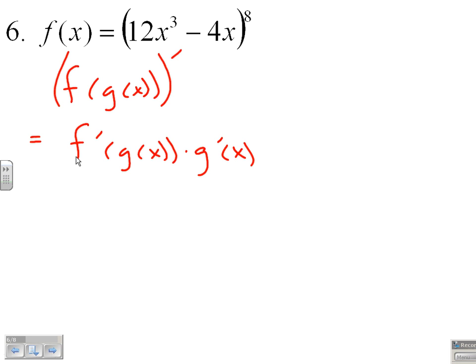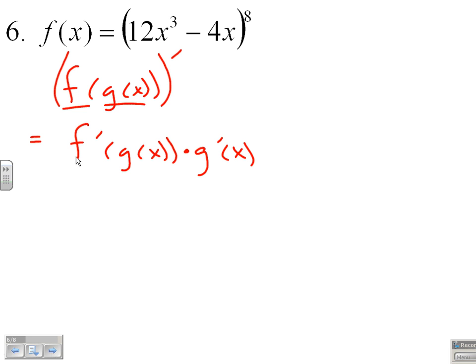What does that mean? Well, f prime would be our outside derivative, our outside derivative of our inside function, g of x being our inside function, times our inside g's derivative.